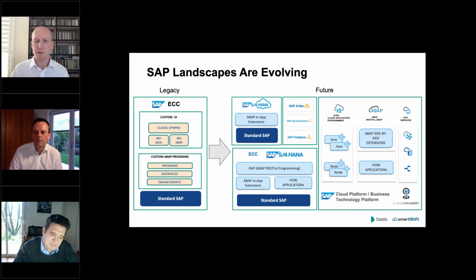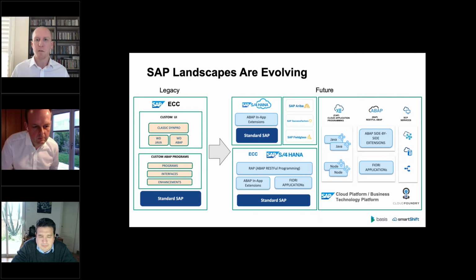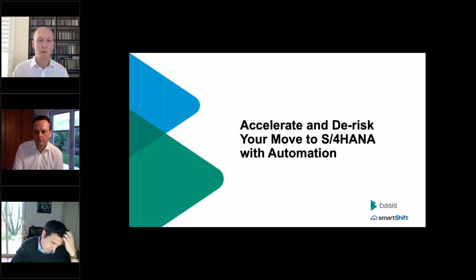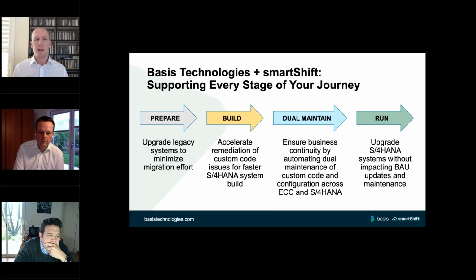Great. Well, thanks, gents. As I said just now, we're a little bit over time, so let's wrap things up on this overall session of how automation can help to accelerate and de-risk a move to S/4HANA, and in particular in those couple of areas that we've looked at. Certainly, the combination of basis technologies and smartShift technologies automation is going to deliver value during your S/4HANA transition, but it's important also to think about the overall journey.